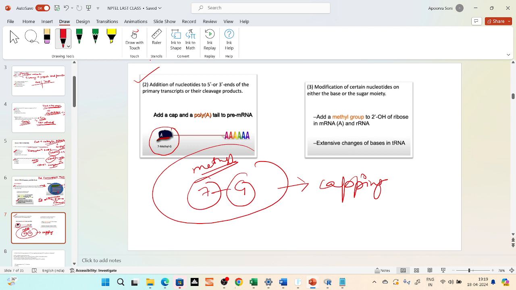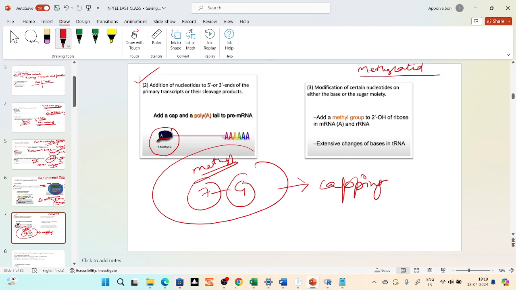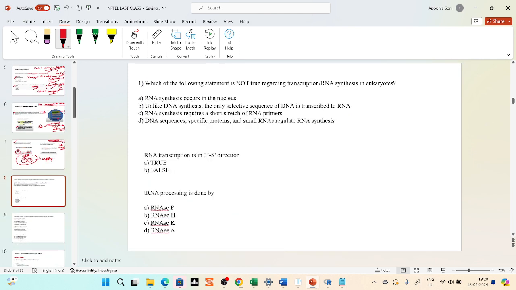If I say a particular sequence is methylated, that means that sequence will not be expressed. Methylation is a mark that specifies that expression will not take place. So these are the 3 modifications that occur after the transcript has been formed.